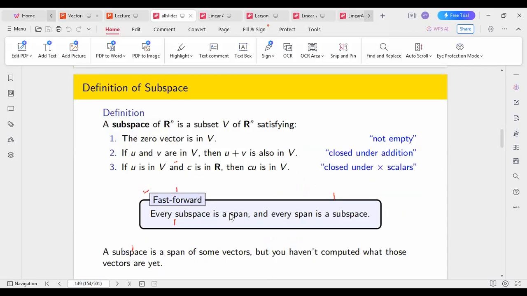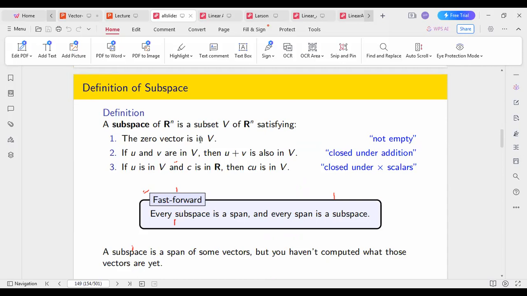Now, what is the definition of a subspace? A subspace is a subset V of R^n satisfying three conditions.